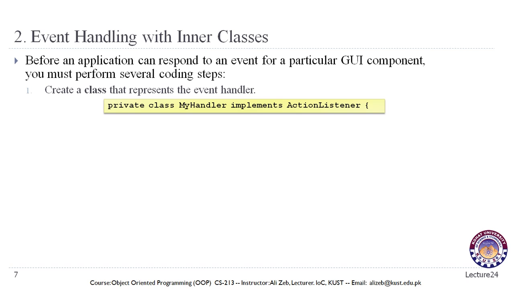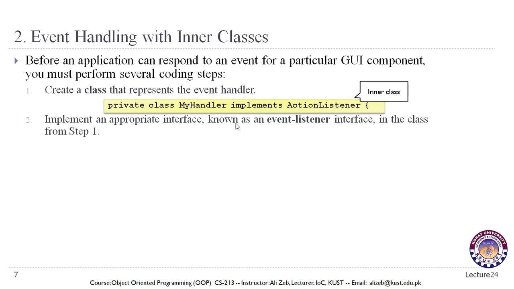We create an inner class that implements the action listener interface, and this, as we can see, is an inner class. This is a private class. This will be defined inside the class where the event is occurring.